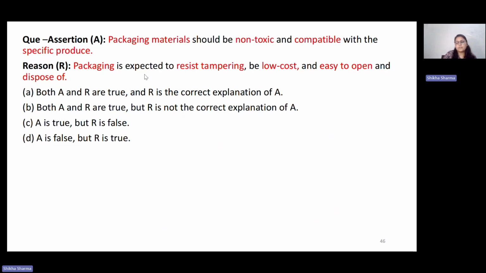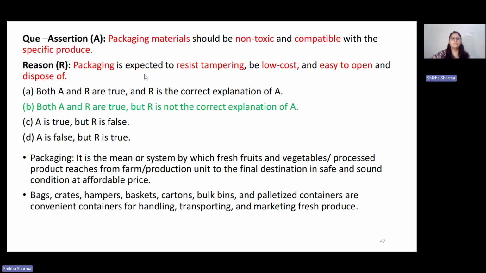So we need to tell if the assertion is true and the reason is true, and if the reason correctly explains the assertion or not. Okay, so here the assertion and the reason are true, and the reason is basically not correctly explaining the assertion.